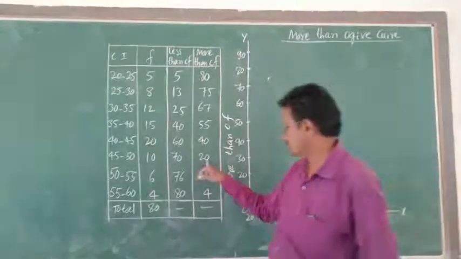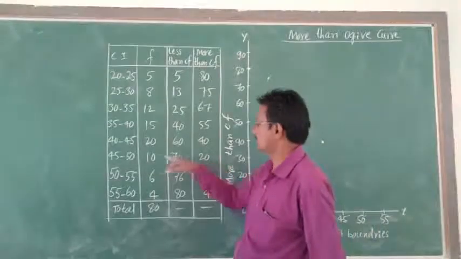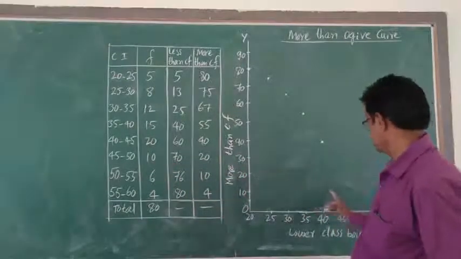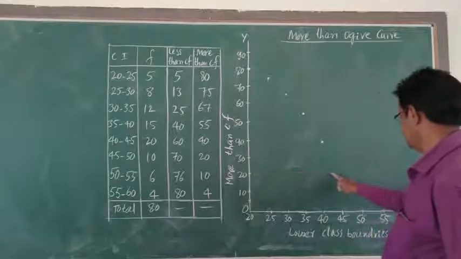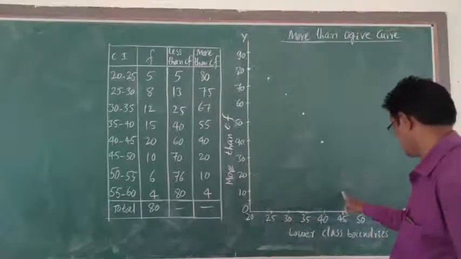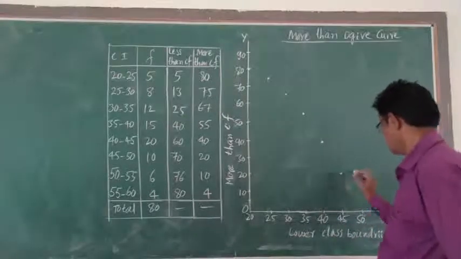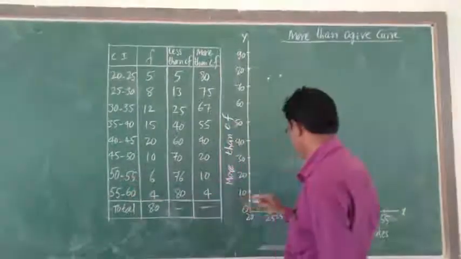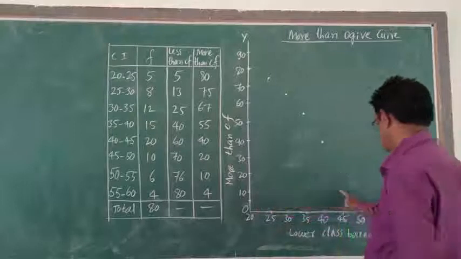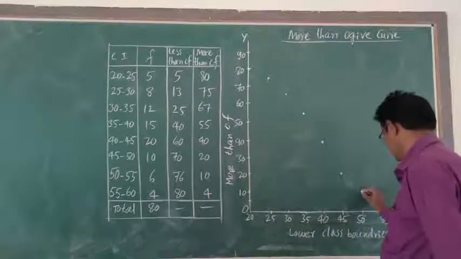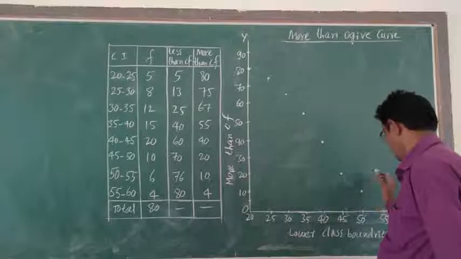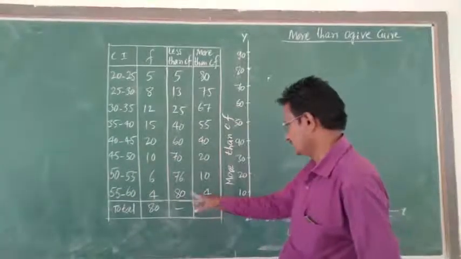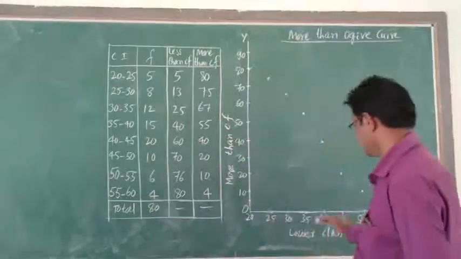Next, 20 workers for 45. Next, 10 workers for 50. Last, 4 workers for more than 55.